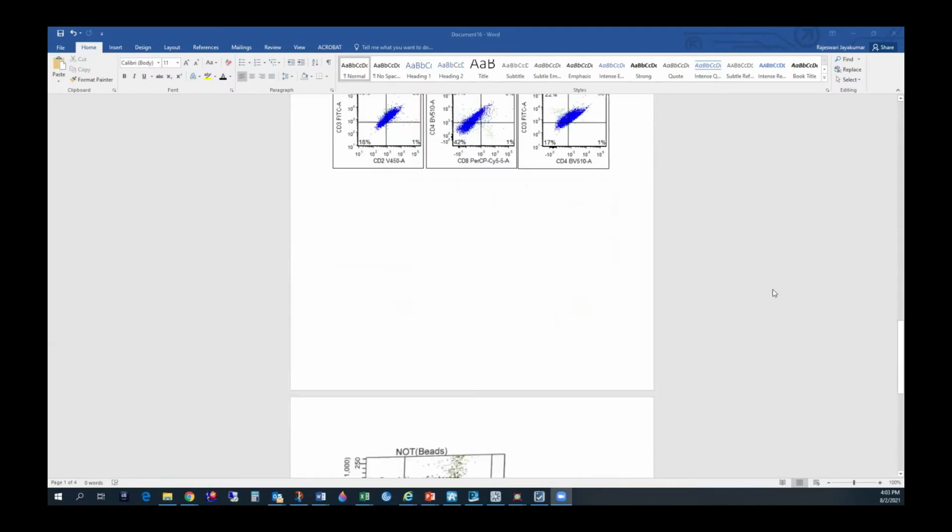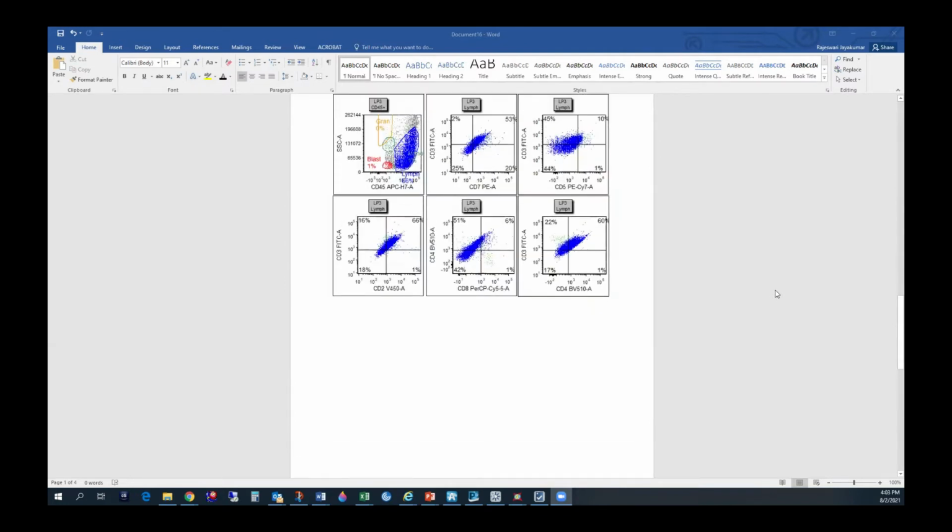It's not going in any particular direction. It's not going to kappa, lambda, or CD4, CD8. Whichever gate you put, it will show you the same thing. Exactly. So it just means that it is debris.